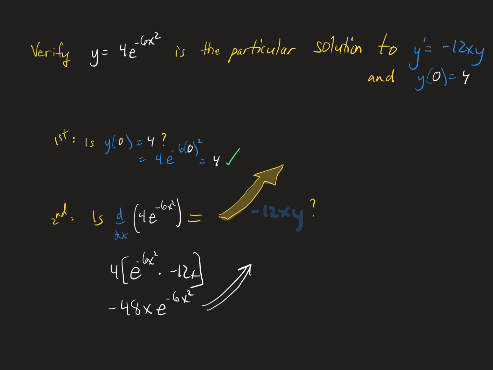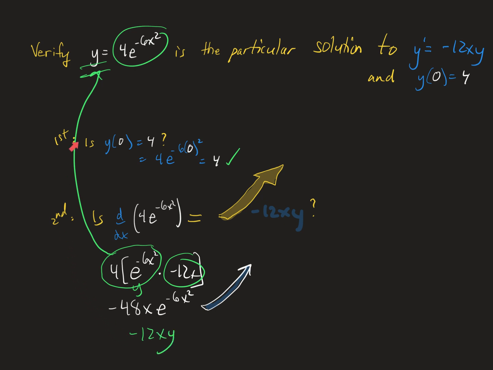Is that equal to negative 12xy? Well, we could factor this, but it's probably easier to see in the previous step. This product is equal to y. So we have this times y.